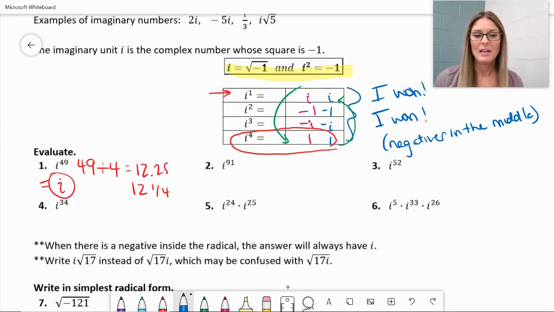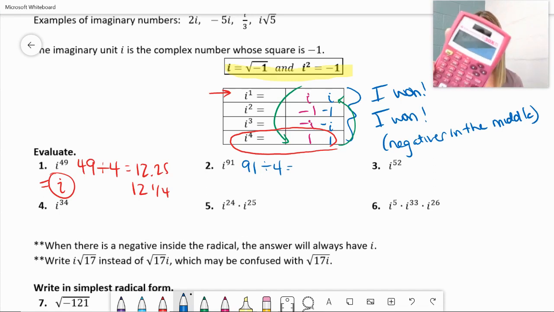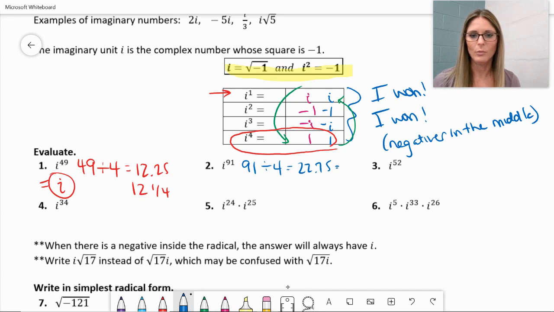Let's do it again. These are the types of questions that you would see on a non-calculator portion of the EOC or a benchmark. Keep that in mind. Number 2, i to the 91st. We're going to take the 91 and divide it by 4 to see how many times it is going to loop through these answers, because it does repeat those 4 answers over and over. 91 divided by 4 gives me 22.75, which is 22 and 3/4 of the way.